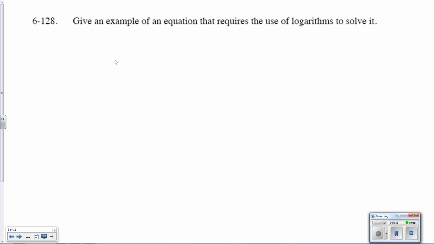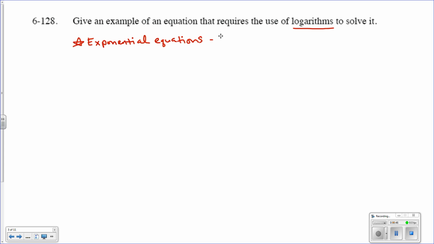So let's just make sure that we are pretty clear of when we need to use logarithms to solve an equation. Most of the time, those types of equations are exponential equations. We want to use logarithms many times when we're talking about exponential equations.